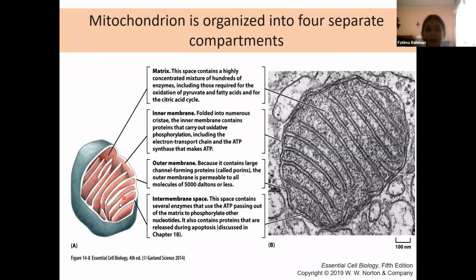So again, you have the outer membrane. The outer membrane is more permeable than a plasma membrane. It allows for a lot more contact and communication between the cytoplasm and the mitochondria because of the presence of transmembrane proteins and specific channels called porins that allow more things to come in and out of the mitochondria.